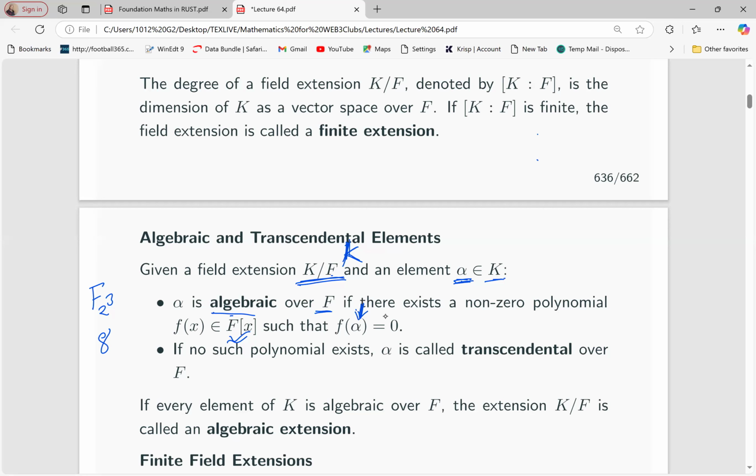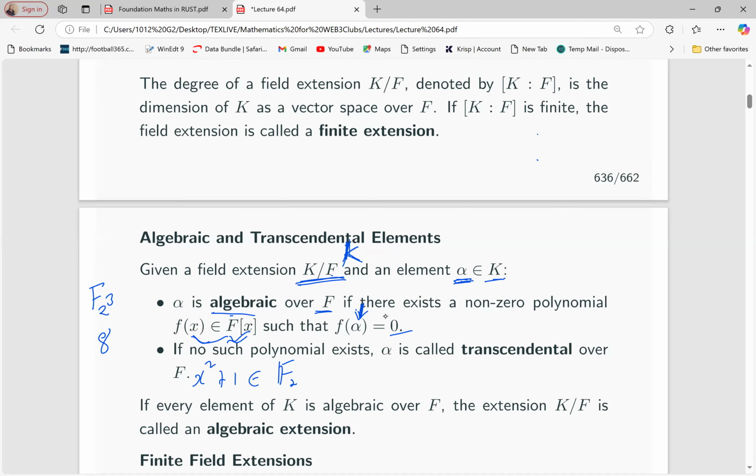If alpha is a solution to this polynomial, that means when you replace x with alpha, you get 0. So supposing we are talking about F2, and we have a polynomial like x^2 + 1.